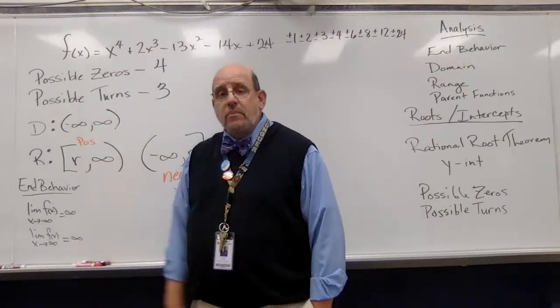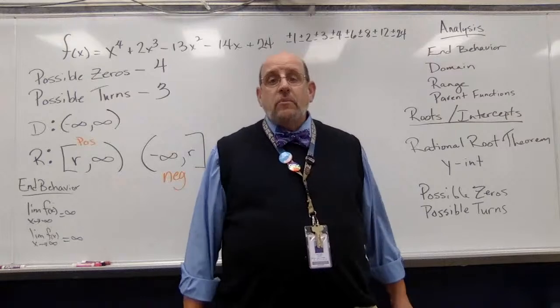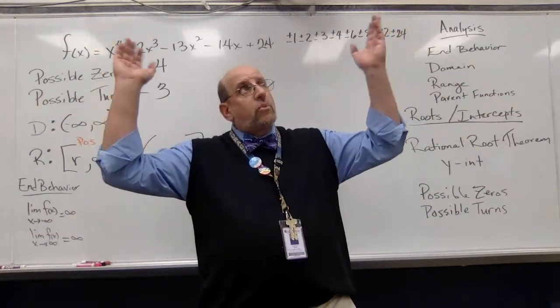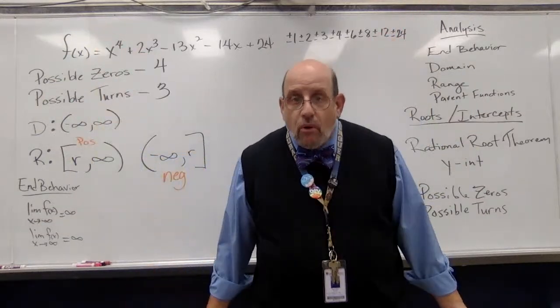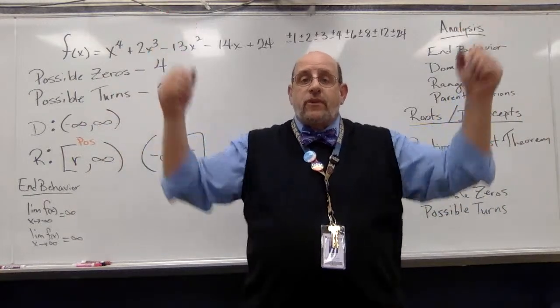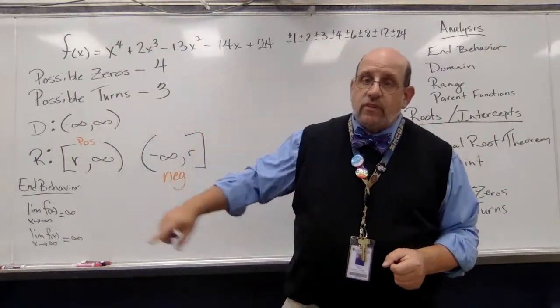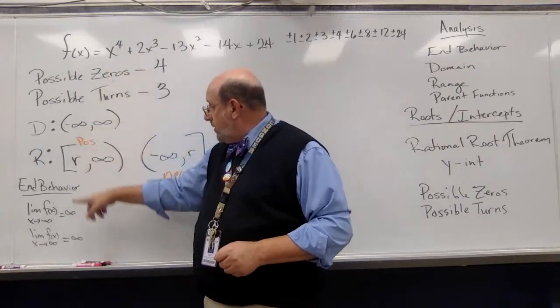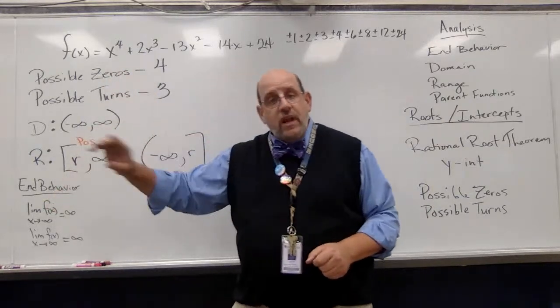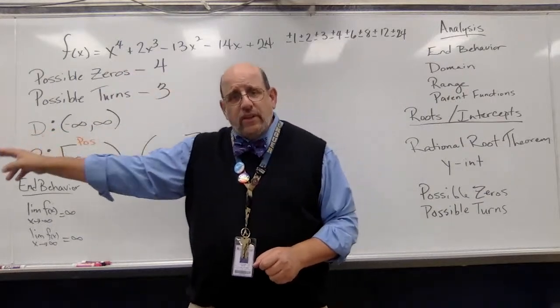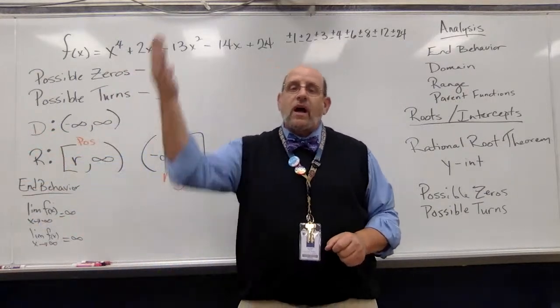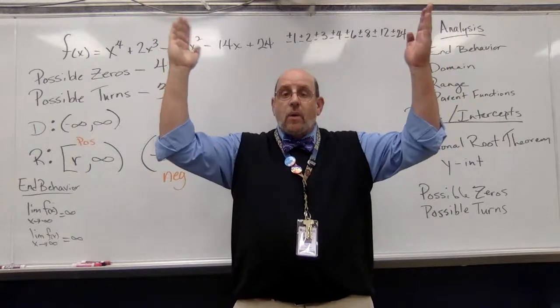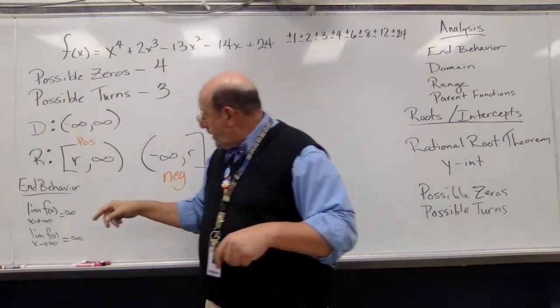Let's talk about end behavior. End behavior of an even function that's pointing upward, both of those are going up infinitely. So it says here, the limit of this function as x approaches negative infinity, goes infinitely to the left, is positive infinity because it's going upward on both ends.